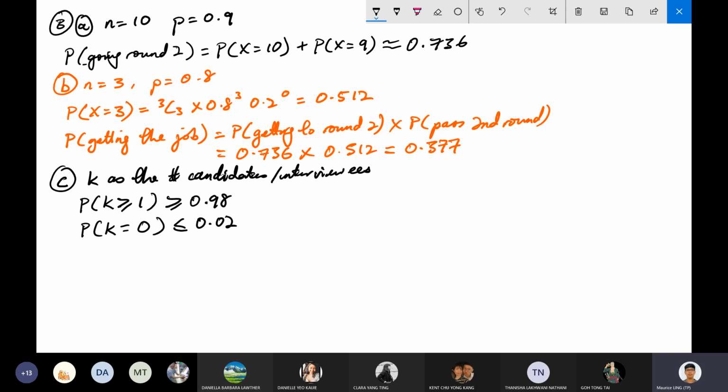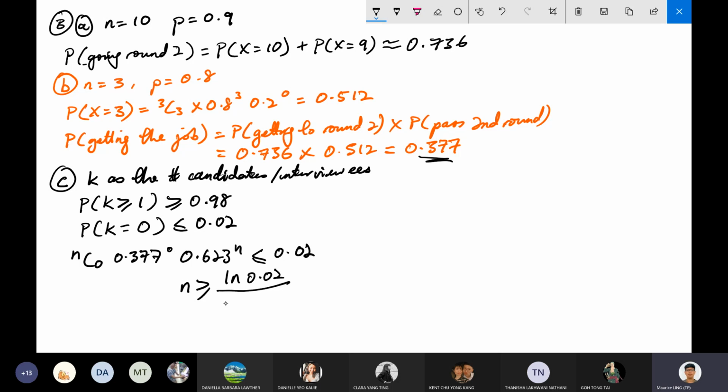Just the same as what we did for the short-sightedness problem. Then you have n. Here the probability is 0.377 to the power of 0 times 0.623 to the power of n is less than or equal to 0.02. So now you end up with n more than or equal to ln of 0.02 divided by ln 0.623, or log, it's up to you.